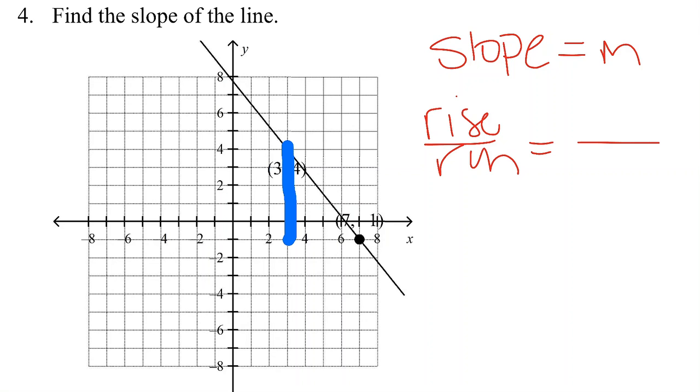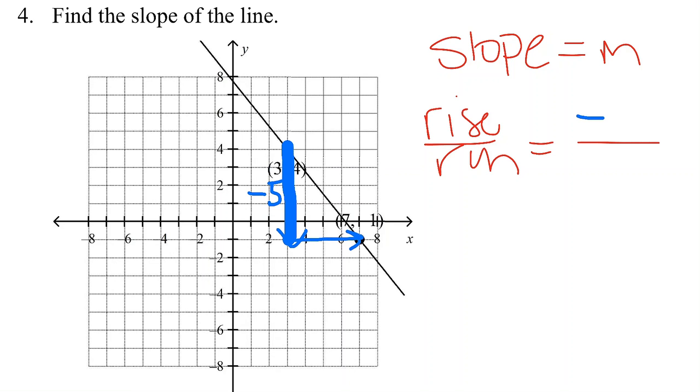You start off and you're going to go down 1, 2, 3, 4, 5. And because you're going down 5, it's going to be a negative rise because you're going down. And so that rise is going to be negative 5. And so you can count it 1, 2, 3, 4, 5.